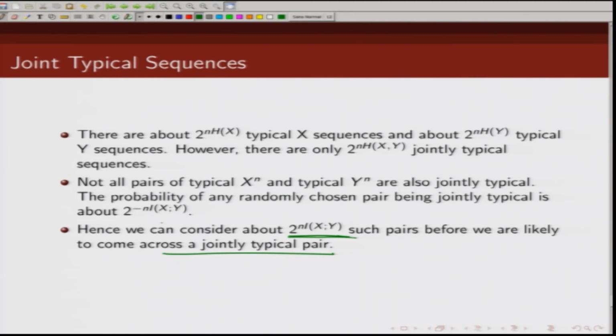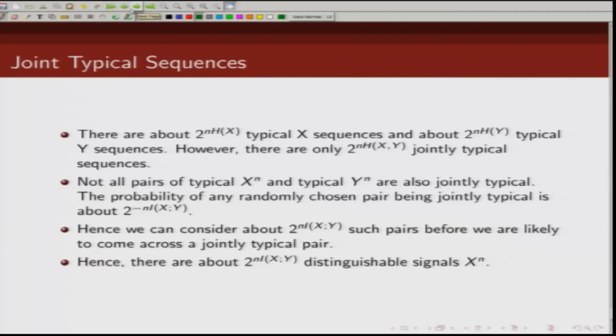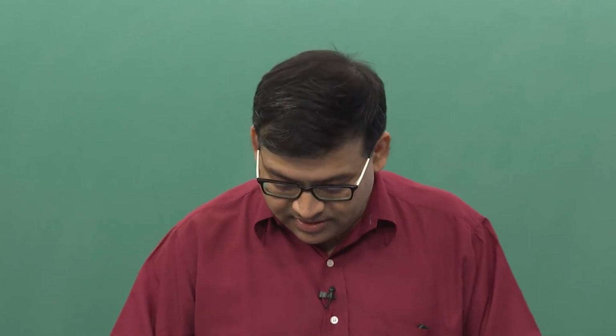As I said, because the probability of a randomly chosen pair being jointly typical is this, we can roughly encounter so many such pairs before we are likely to encounter a jointly typical pair. So in other words, we can conclude that we have a total of 2 raised to the power n times the mutual information of x and y distinguishable signals.